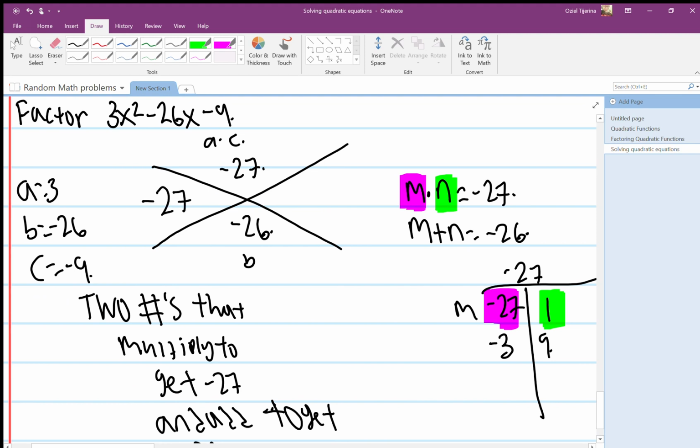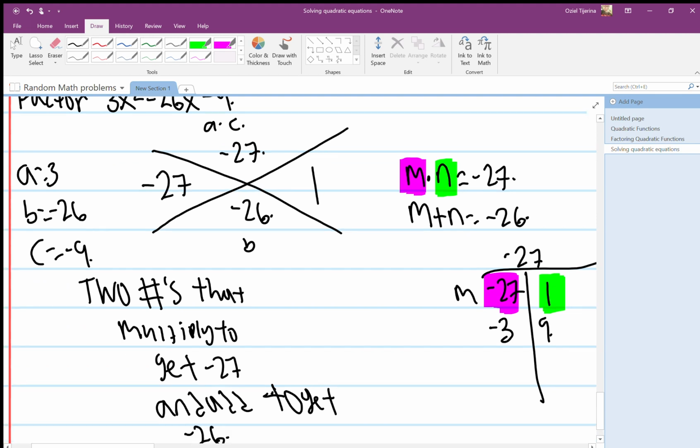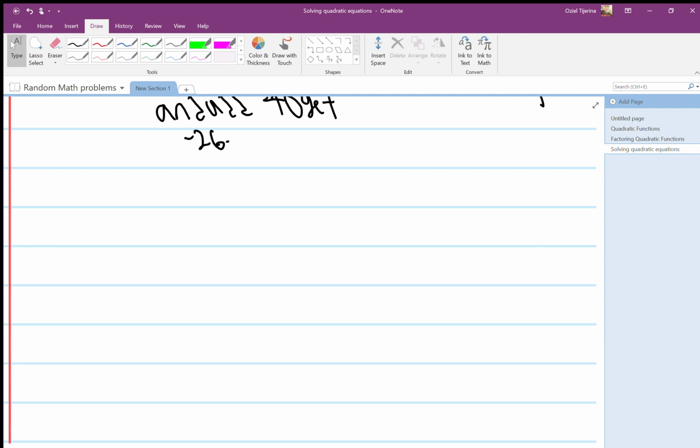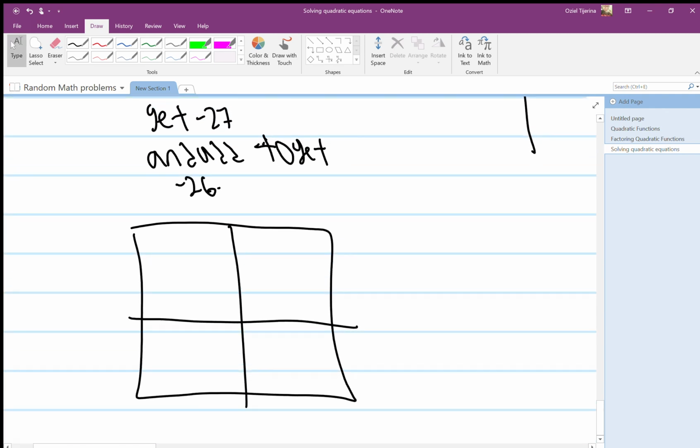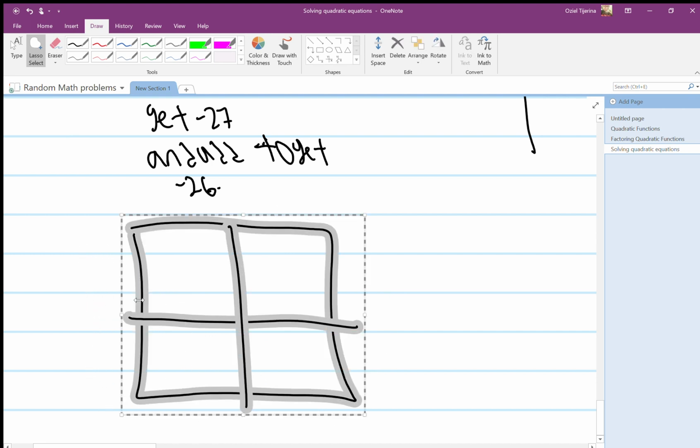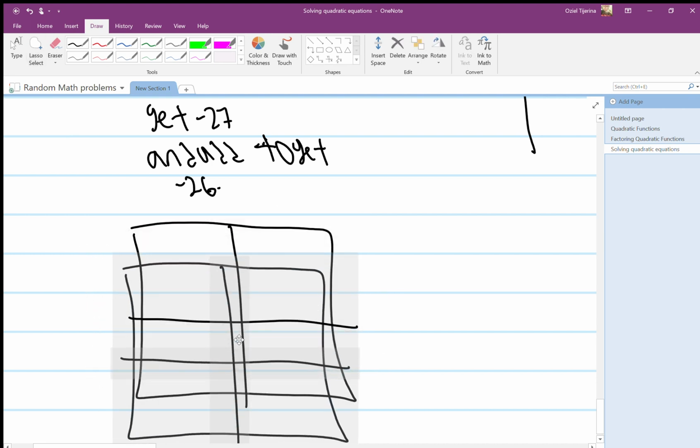So we can say negative 27 and 1, and then we go ahead and we do our box, okay? Remember that, let me move this a little bit.